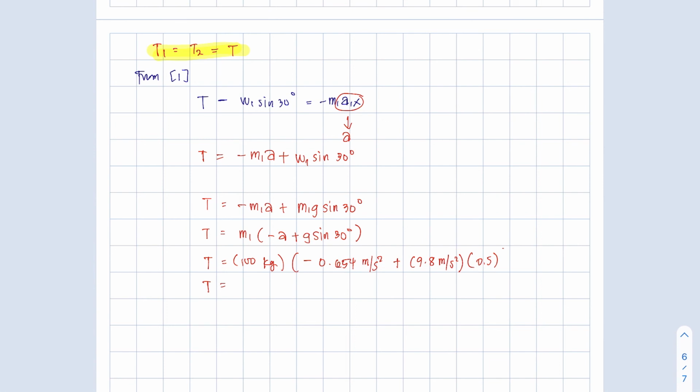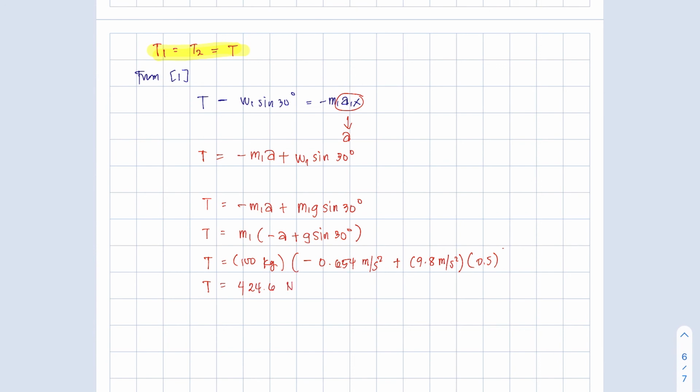And that will give me a value of tension. Wait lang. It's negative pala, negative 0.654. So, I should be getting a value of T is equal to 424.6 newtons.